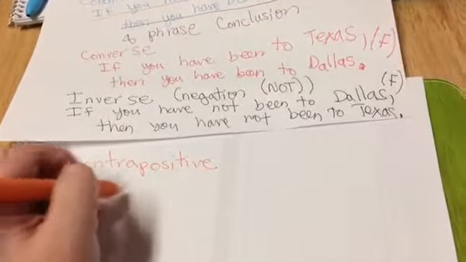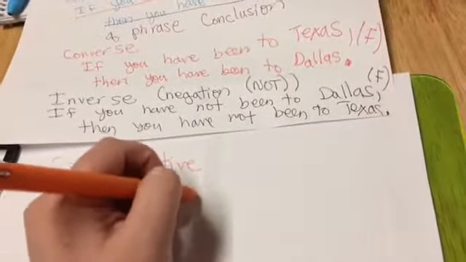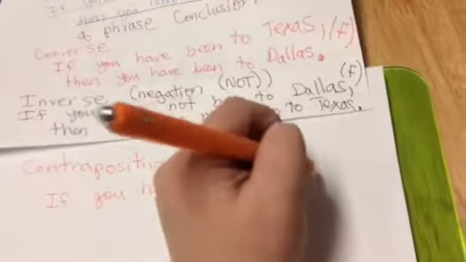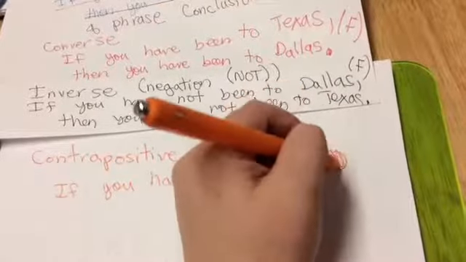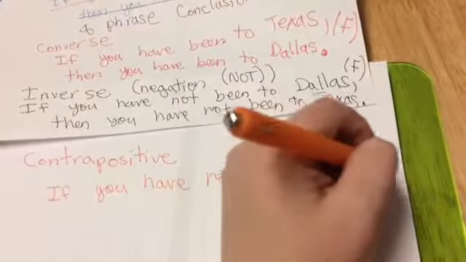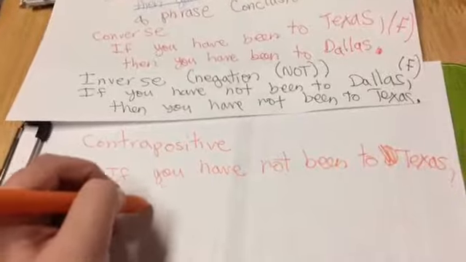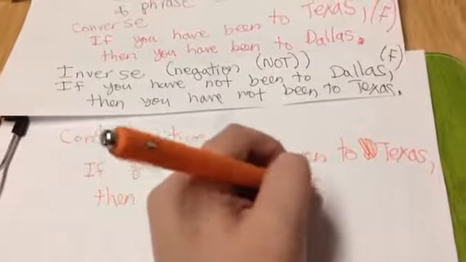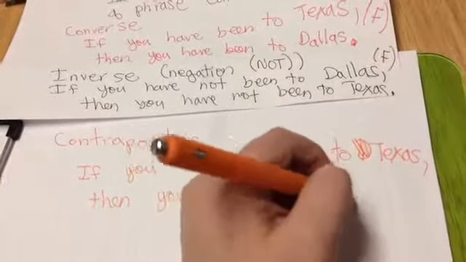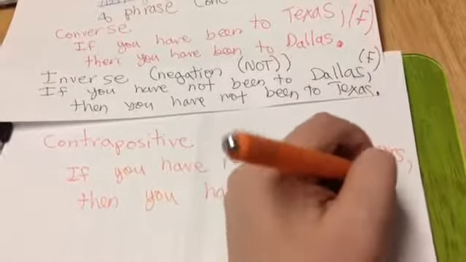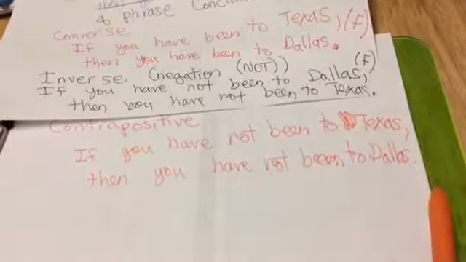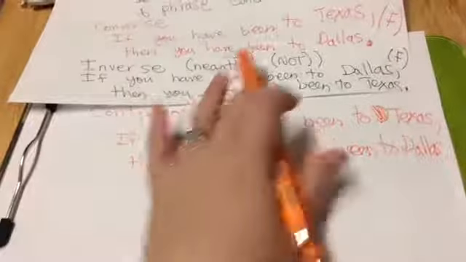So we're going to say if you have not been to Texas, then you have not been to Dallas. Okay, so if you have not been to Texas, then you have not been to Dallas. So that is your contrapositive statement.